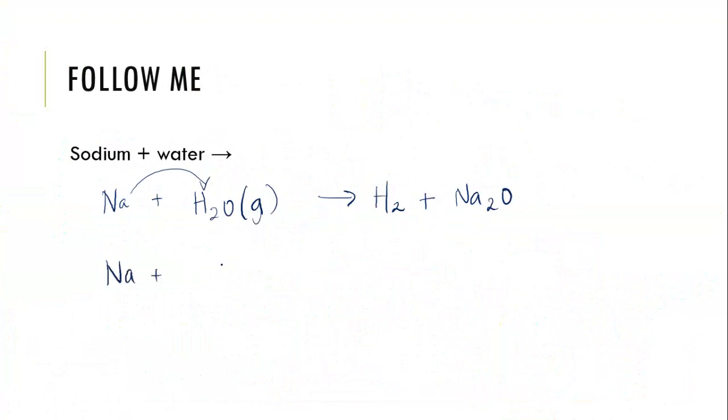If it said H2O liquid, that G stands for gas and the L stands for liquid. If this was liquid, you would write no reaction because it is not supposed to take place if it will not replace the H from the cold water. Okay, so you would have to be given a little bit more info on some of them. If it was calcium, which goes either way, it doesn't matter. You would proceed to do the switching.